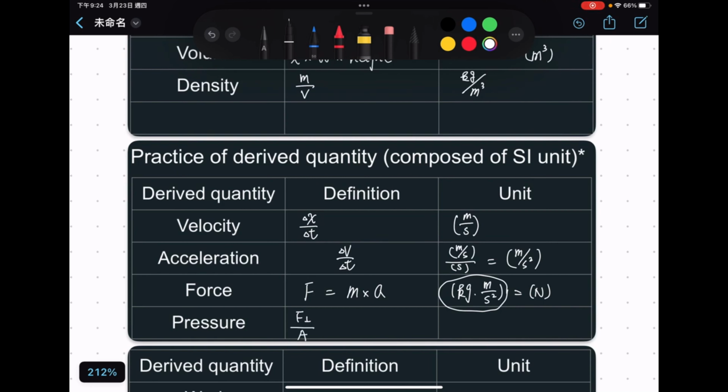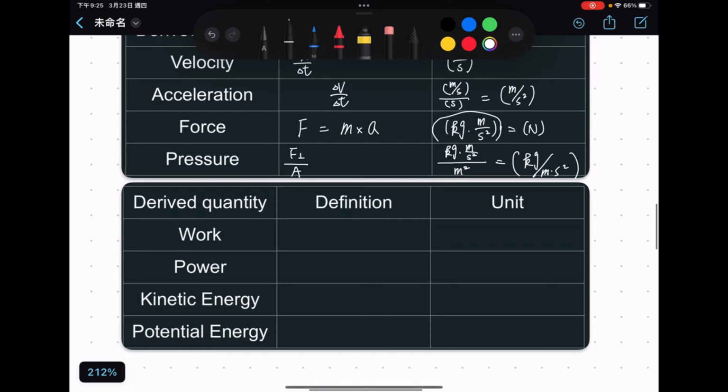So the unit will be kilogram meter per second square over meter square. So we obtain kilogram per meter second square. This is the unit of pressure.